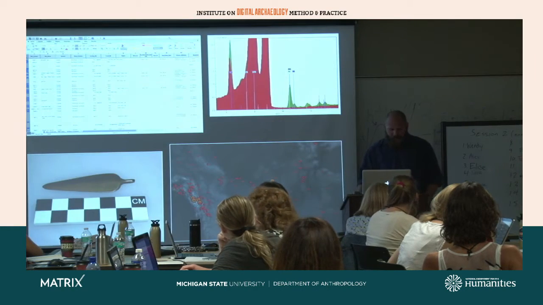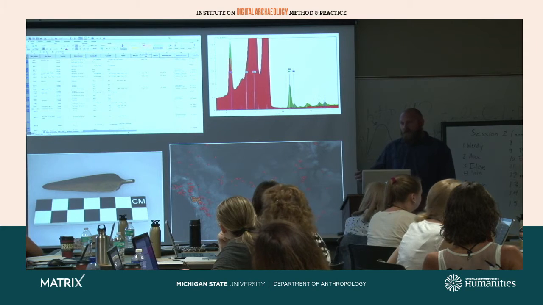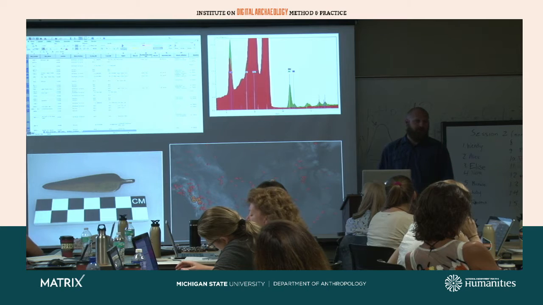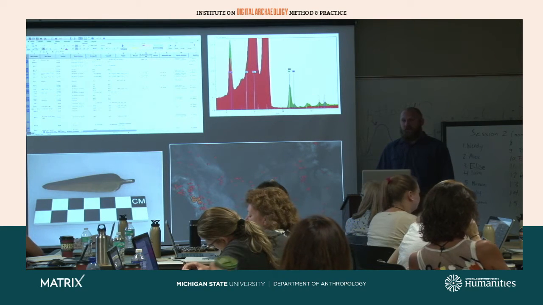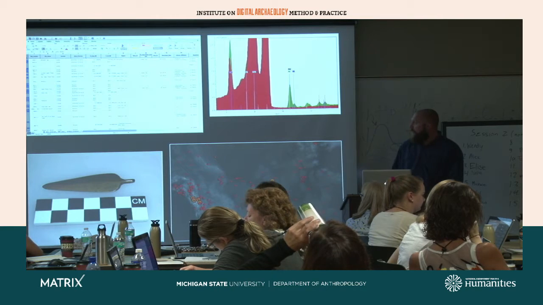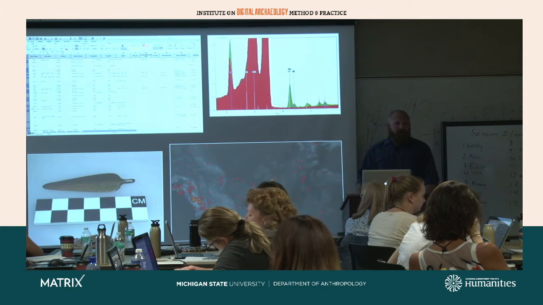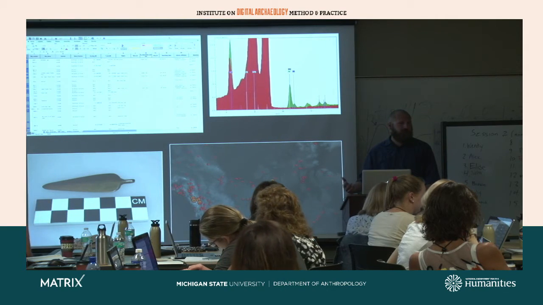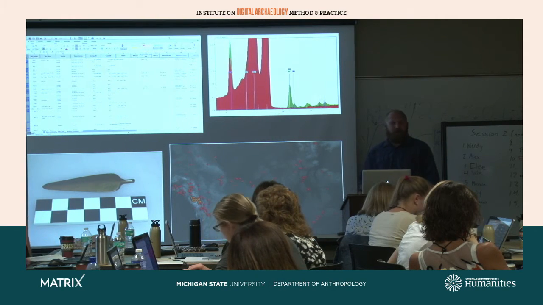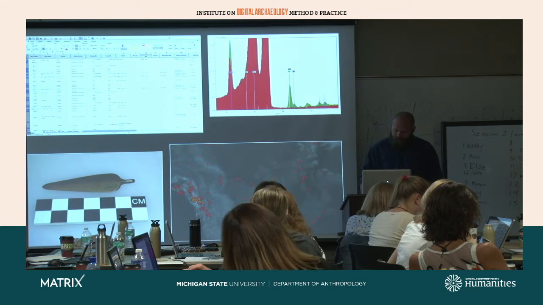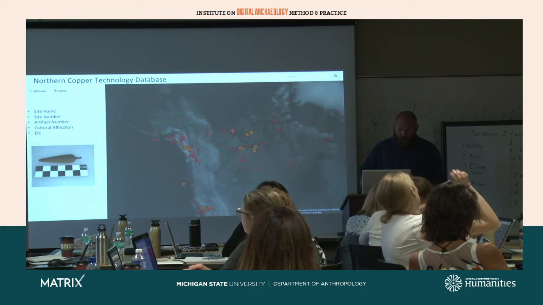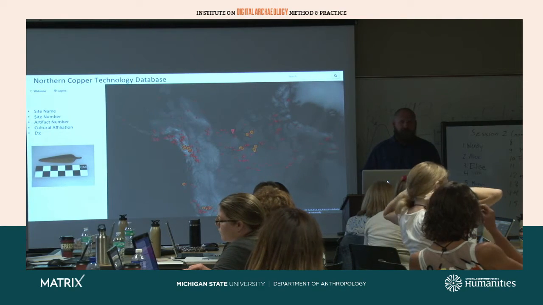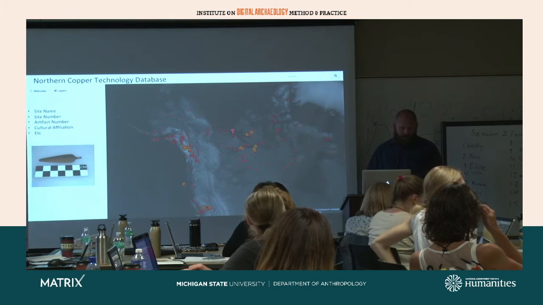So the data that I have is a broad data set on copper technology in the north, including my dissertation material as well as a bunch of material that my advisor and other collaborators have compiled, including site and artifact data, geospatial locations, analytics, such as compositional data, and quite a bit of imagery as well. So the goal of the project, like I said, is to create this multi-purpose, multi-stakeholder interface online.